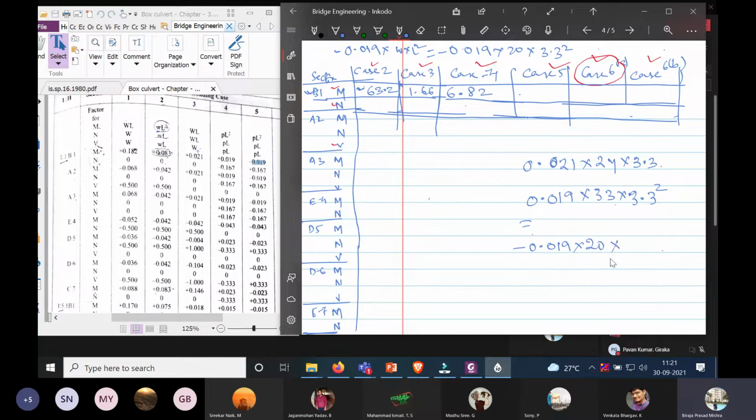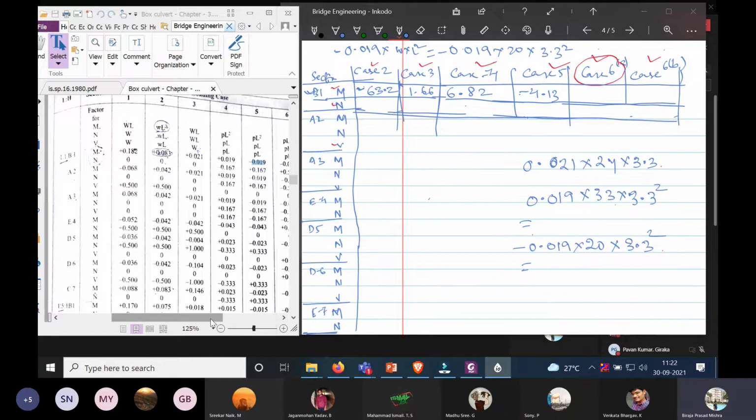So it is 20 into L square, so it is 3.3 square. If we calculate that value, it is coming as minus 4.13. Next one is case 6.